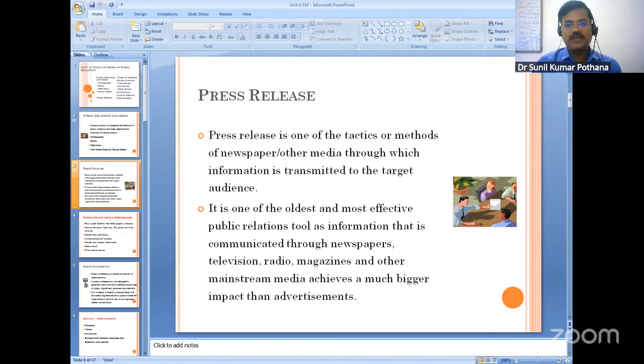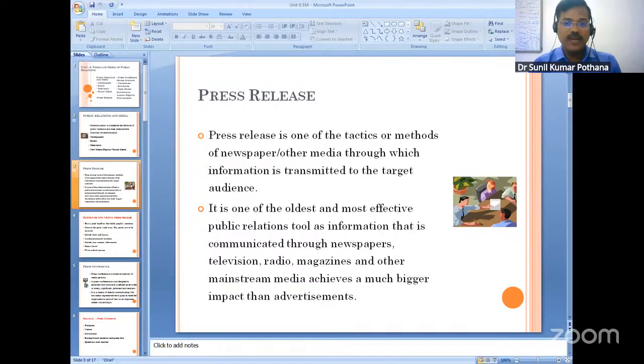Another major practice by the public relations officer is to write a press release. A press release is one of the tactics or methods of newspaper or other media like television, radio, social media, whatever it is, through which information is transmitted to a larger audience: mass media, mass audience, mass communication. It is one of the oldest and most effective publicity tools, as information is communicated through newspapers, television, radio, and magazines.